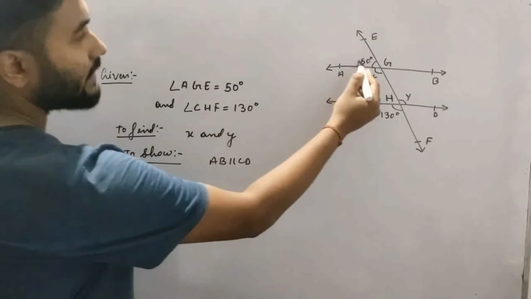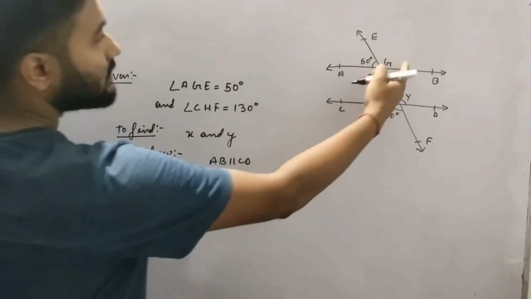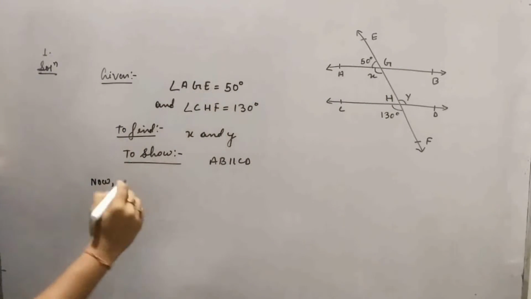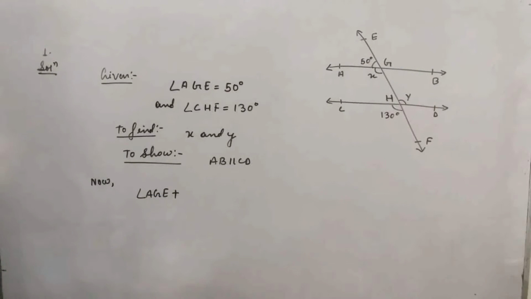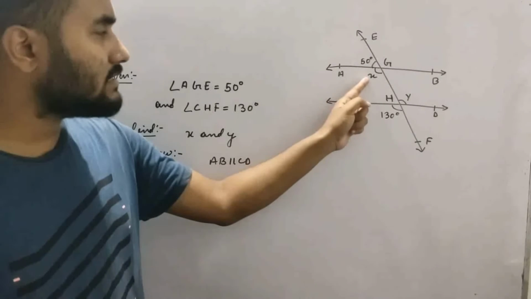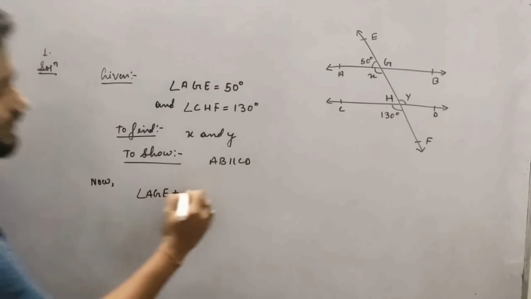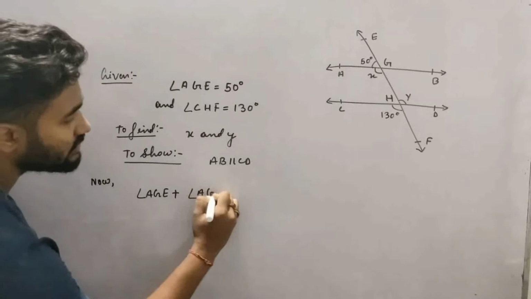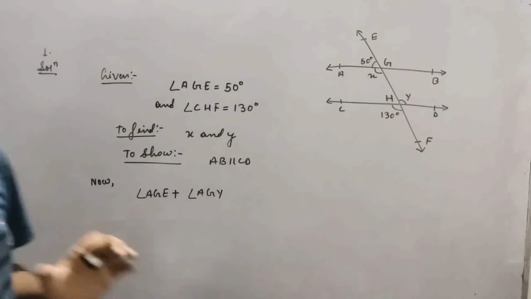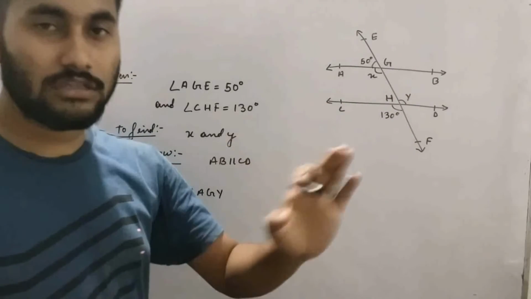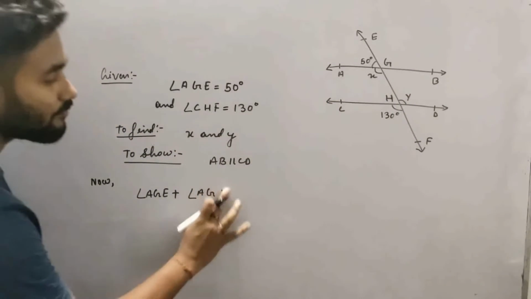What is the name of this 50 degree angle? Angle AGE. Now angle AGE plus angle AGH. Sorry, I have made a mistake. See, this mistake will happen. Y is not a point, it is the measurement of the angle.